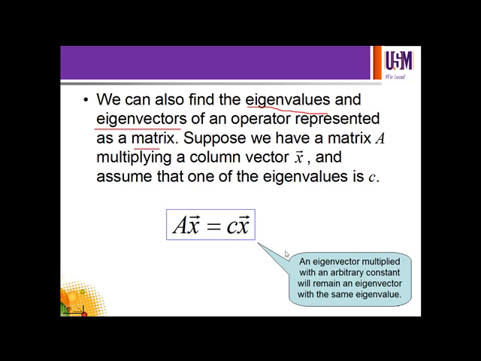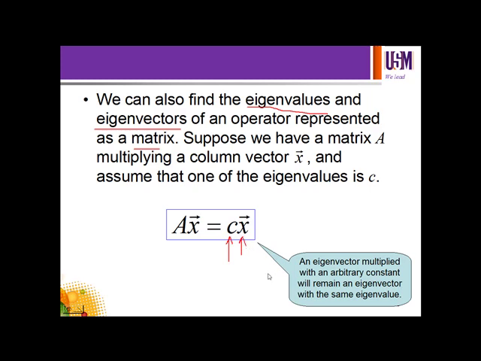So X is an eigenvector, we multiply with an arbitrary constant, so we can say that C is an eigenvalue, just like in the Schrodinger equation case. Except here we say it is an eigenvector rather than an eigenfunction.